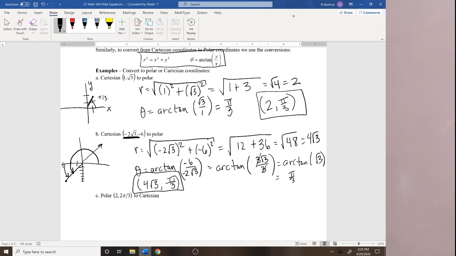So instead, I either need to make my radius negative, or I need to change my angle to, let's see, what would that angle be? Add pi to it. So 4 pi over 3. Does this make sense to everybody or no?